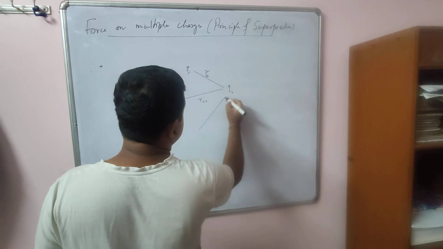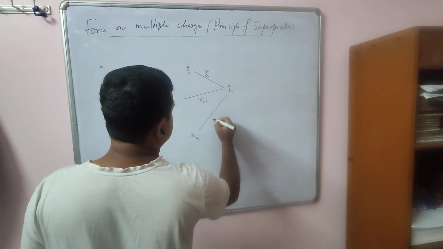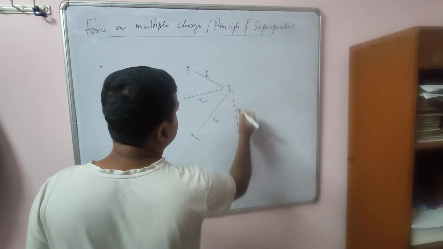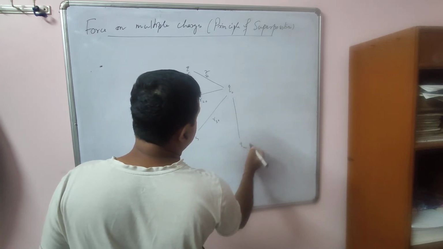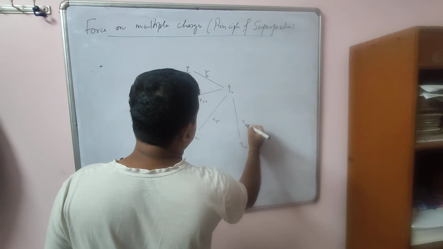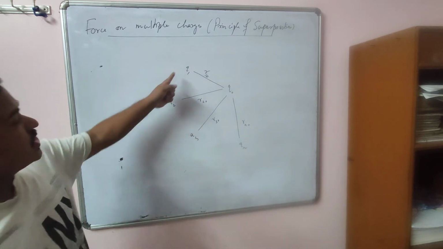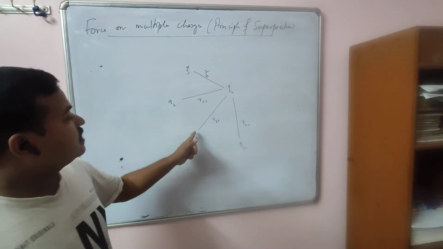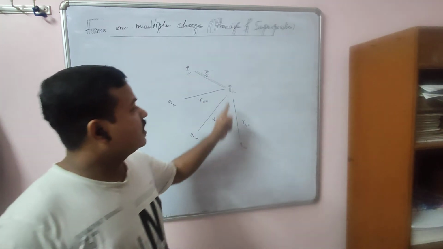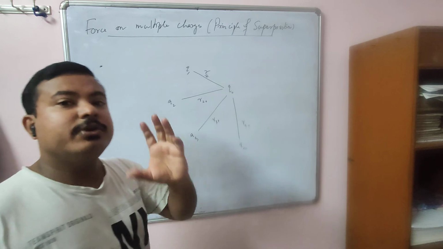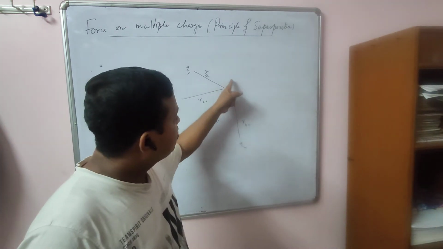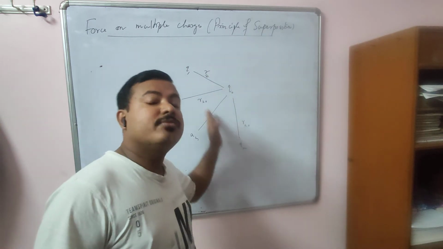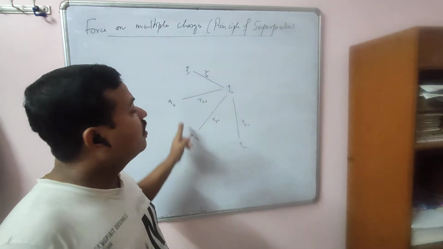Here's another charge Q3, at distance R30. Similarly suppose here a charge Qn, at distance Rn0. Now this charge repels this charge, repels this, repels this, repels this. So if we want to find the total force on this charge, it will be simply the vector sum of all the forces due to all other charges.